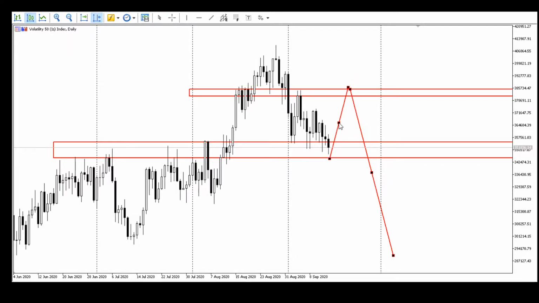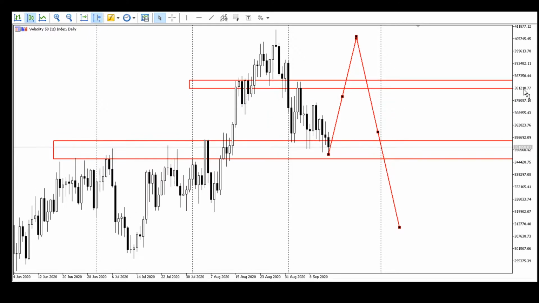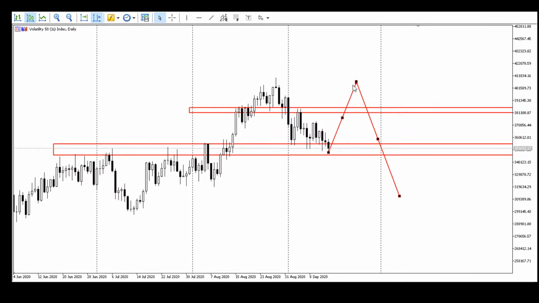So also they can continue to push again to come to test this level again, then they come again back. Or remember, maybe because we have few data here for this pair, but maybe this market was trending to the upside, maybe they reach to this level, now they break it, they come to retest it, then maybe it is continuation.